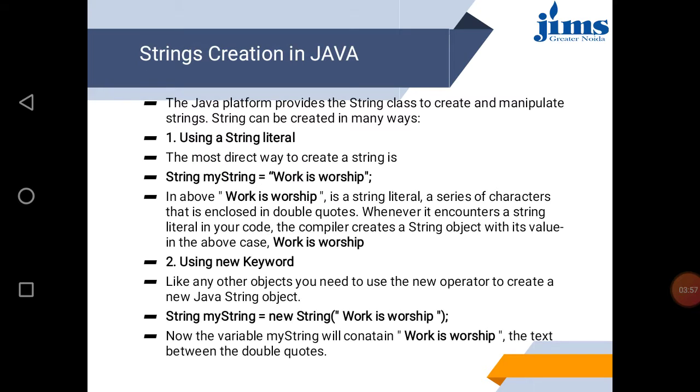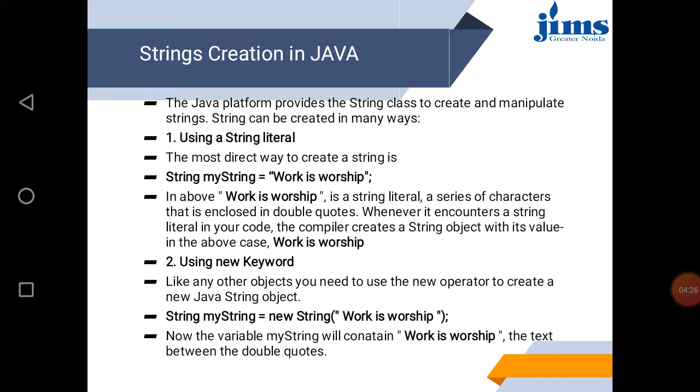Now we try to understand how we create a string. String is an object, and there are various ways. If we want to create a string using a string literal, the simple technique is you mention the class name, that is String, then a reference variable, in this case myString, equals "work is worship".